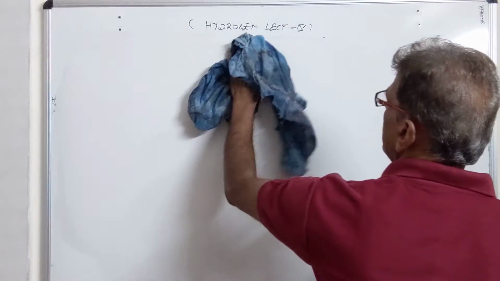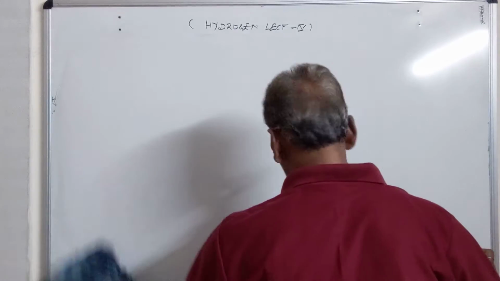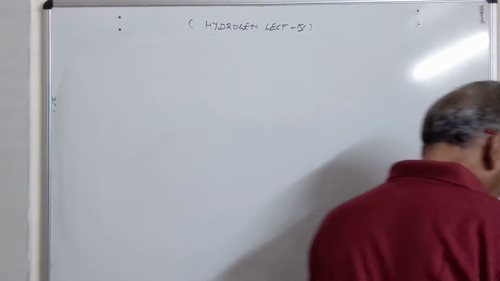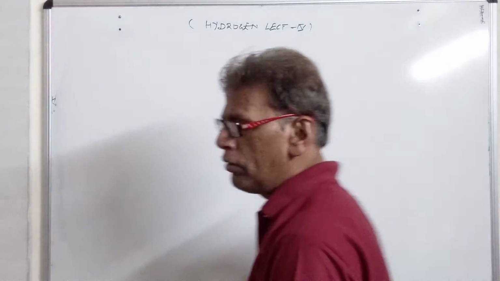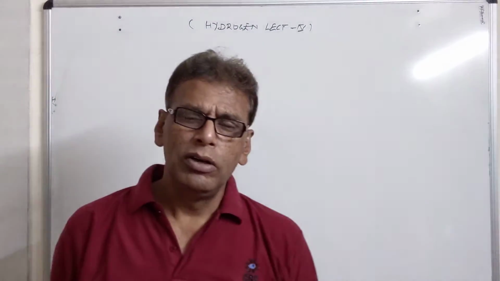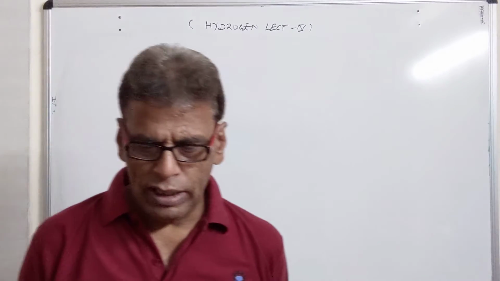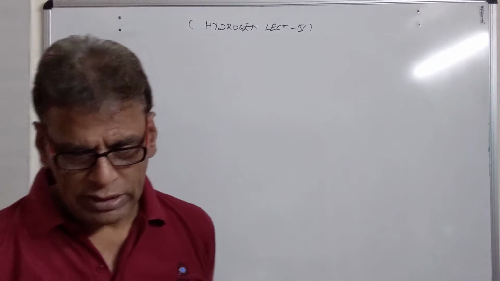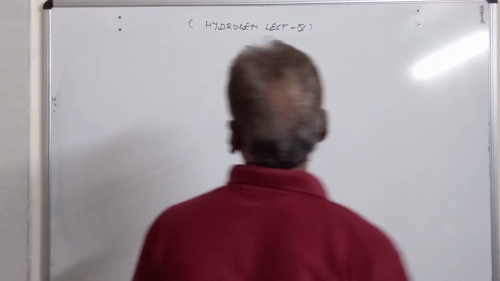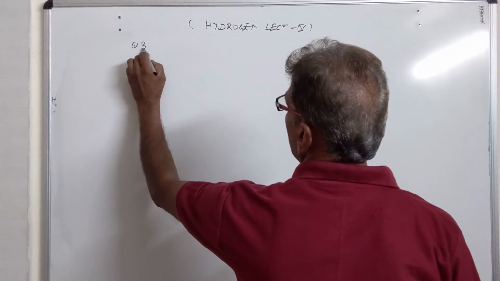This is the reason why the melting point or boiling point of water is higher than that of HF, which can form only 2 hydrogen bonds, but in this case the water molecule can form more hydrogen bonds. That's why its boiling and melting point will be more than that of HF. Now we come to the density of water being maximum at 277 Kelvin.